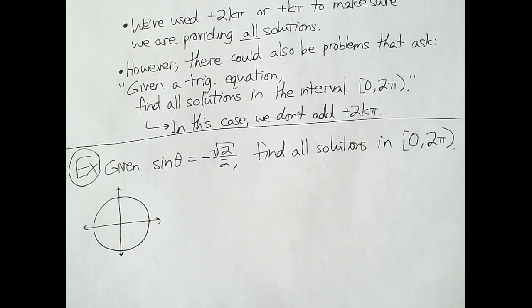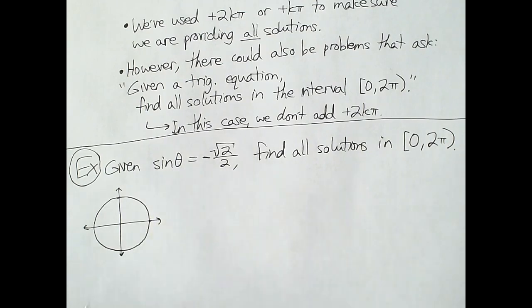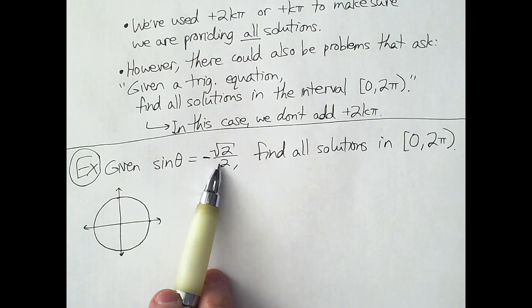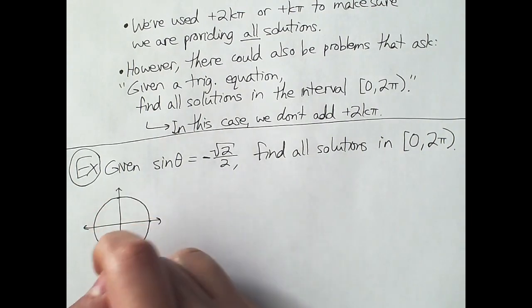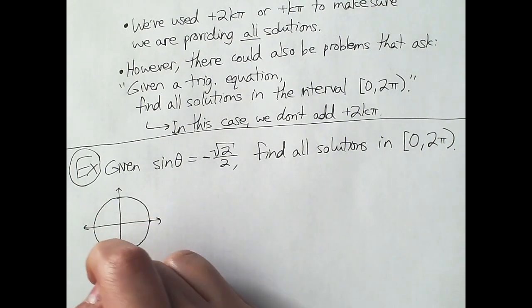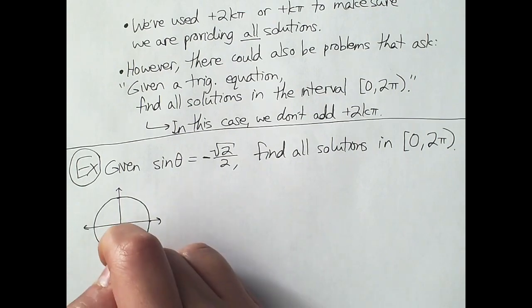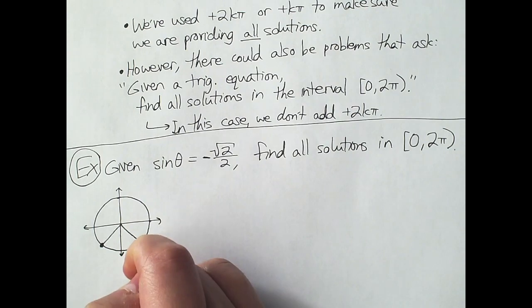All right, so do we know anywhere on the unit circle where this happens? Yeah, this is the y-coordinate of a terminal point. I know two places that have a y-coordinate of negative square root of 2 over 2, and it's these two places.